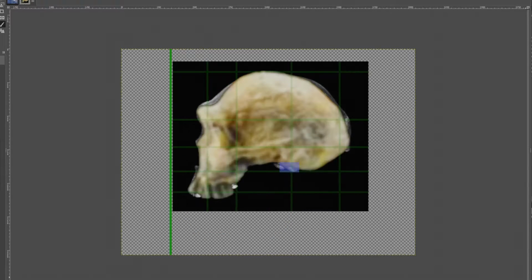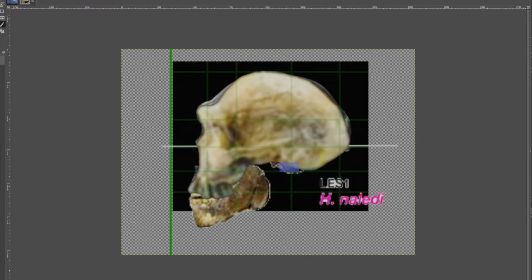Okay. What do we want to talk about with this skull? For one thing, I noticed there's very little prognathism. The flat face. So if we could look at the one right before this, the one before the Demonisi skull.